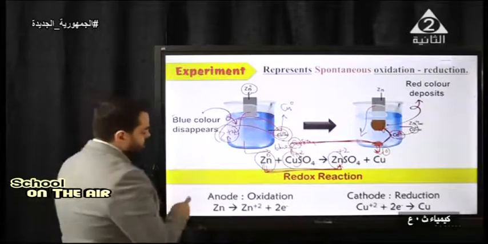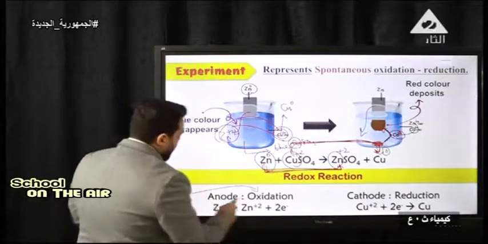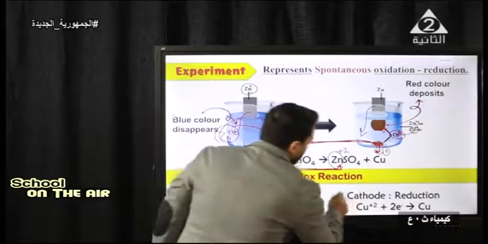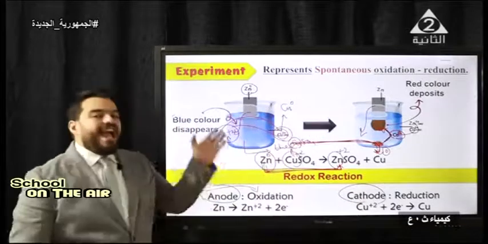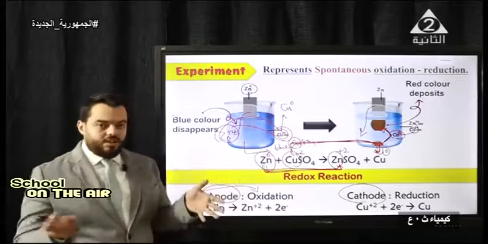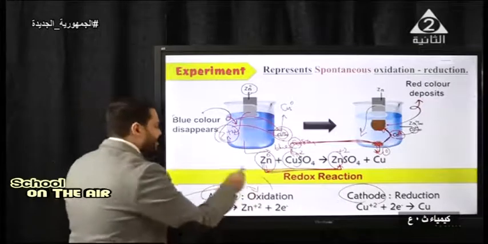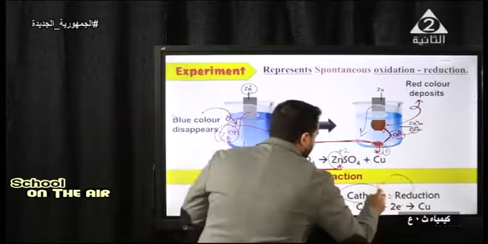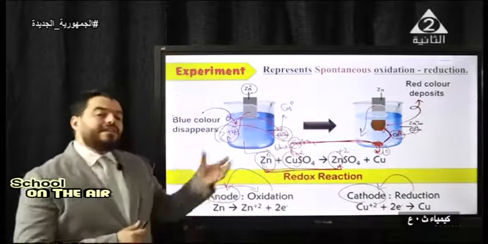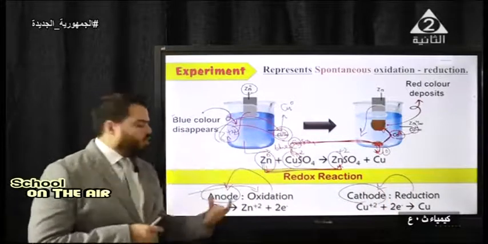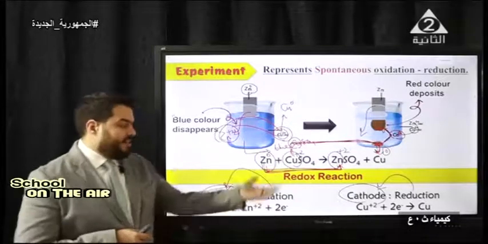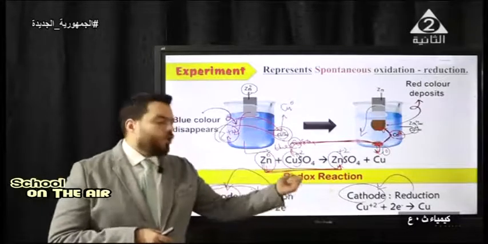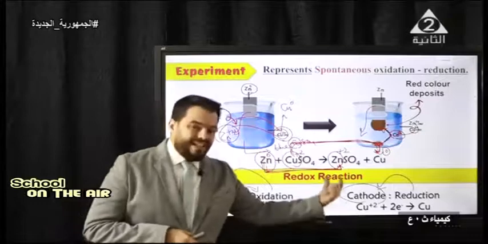The conclusion is that you have an oxidation reaction, and if we divide the reaction into oxidation and reduction, the oxidation is done in the anode and the reduction is done in the cathode. So the metal that is losing, you can name it anode, and the substance or the metal which is gaining, you can name it cathode.